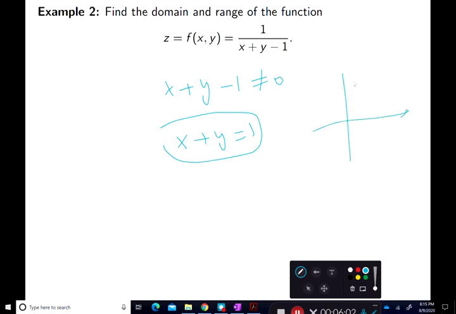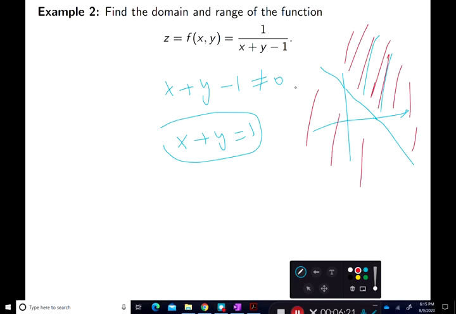So if you find that line, which is this line over here, and you exclude it, everything else is going to be inside the domain.